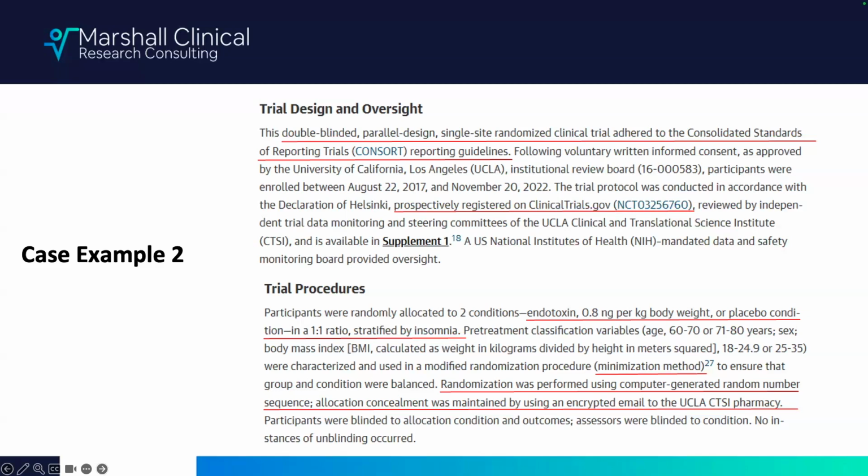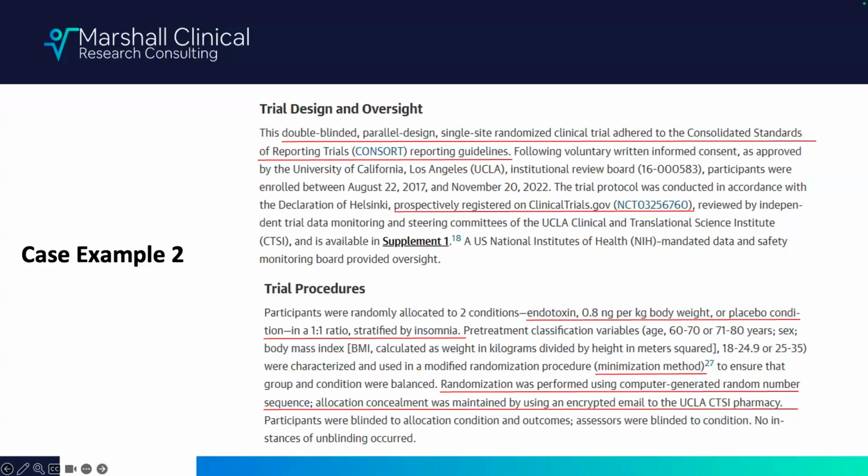It's what Tyler was mentioning before. So even before they collected the data, they had it right there showing how they would analyze the data, how the data was going to be collected, all the information on the clinical trial. On the trial procedure, they also explicitly said that the two groups were stratified by insomnia in a 1-to-1 ratio, so the same number of individuals in the placebo and the drug group.